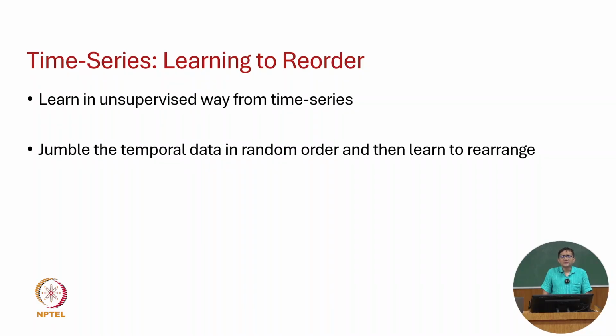Or it could be even different versions where we jumble the temporal data and give a particular index for each of these shufflings and ask the model to predict this shuffling index. But the key idea is to jumble the temporal data and in some manner ask the model to reconstruct or give hints about the order of the jumbling or the order of the shuffling.